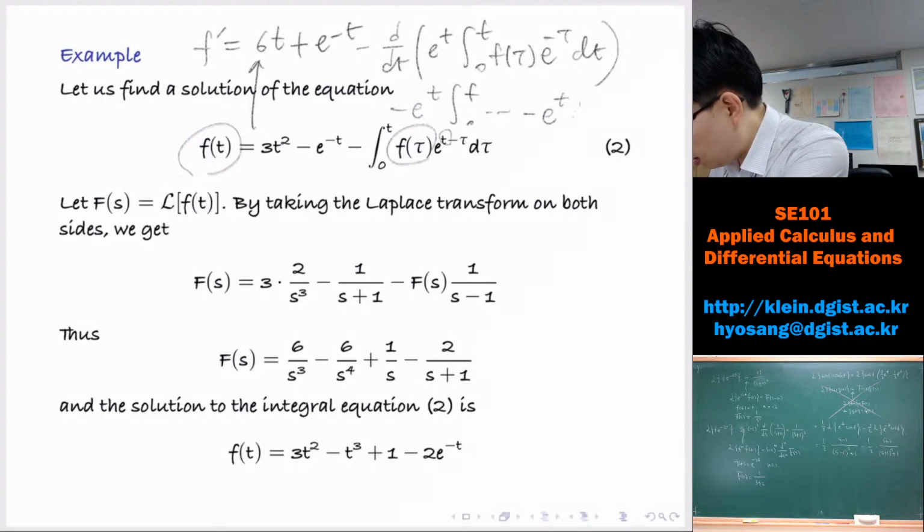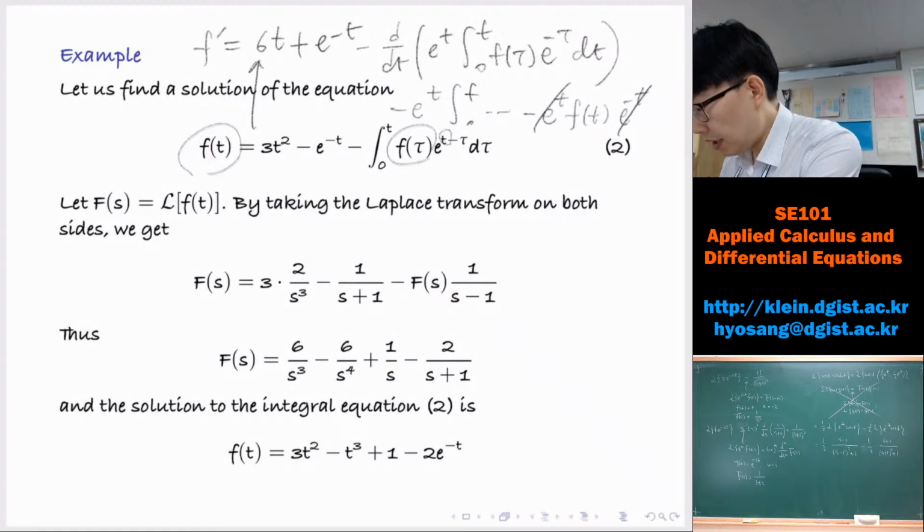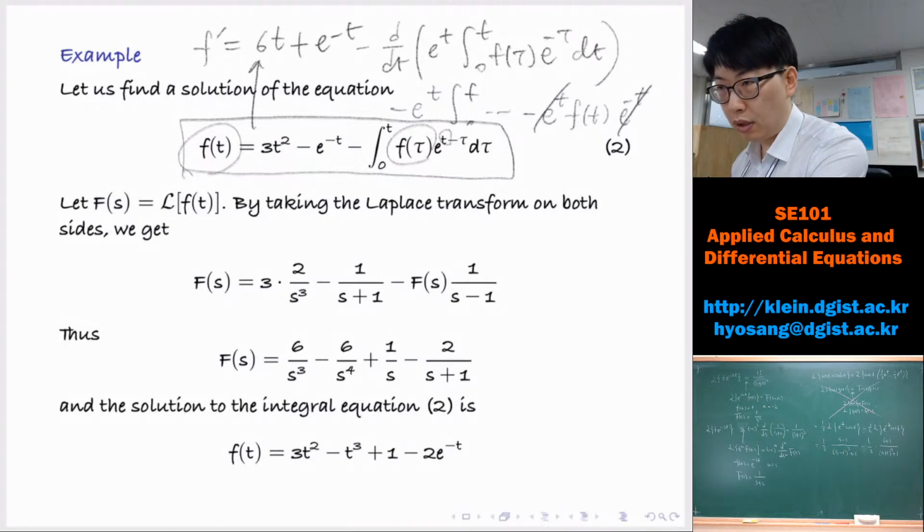Now we have f of t times e to the negative t, so this disappears, but you still have an integration sign here. So either way, this equation cannot be turned into the differential equation that we already know how to solve.